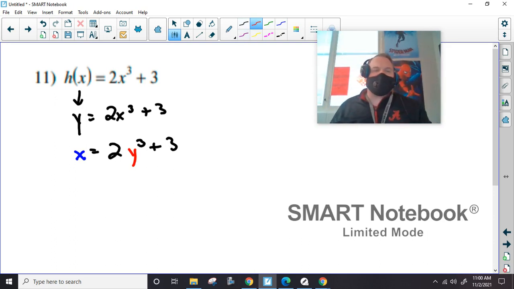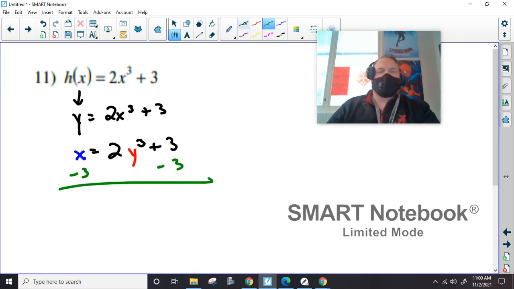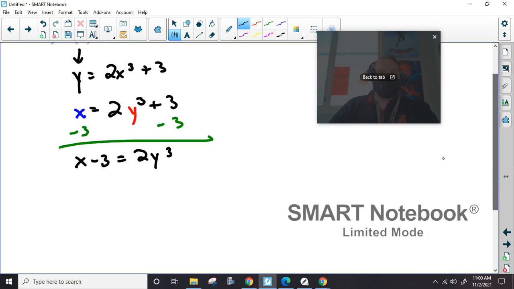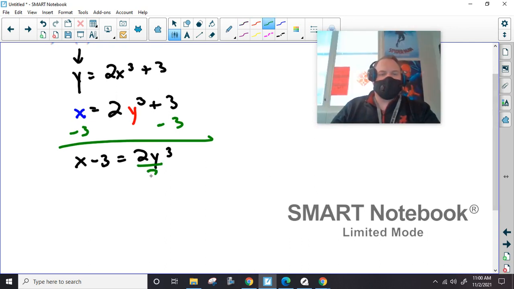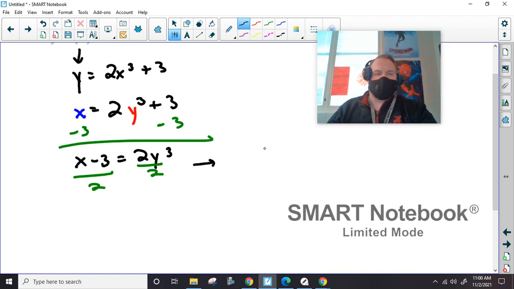All right. So we replaced h of x with y. We swapped the x and y. Now we're solving for y. So we subtract 3 first. Then we would divide by 2. I'm going to write it out this way.